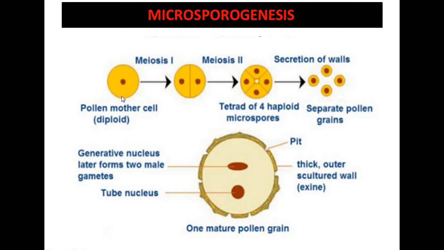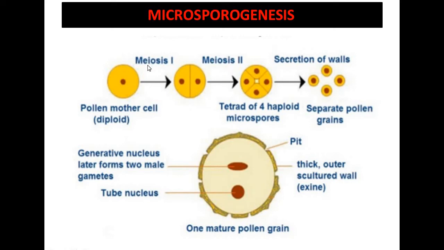We also know that meiosis occurs in 2 stages, meiosis 1 and meiosis 2. By meiosis 1, the pollen mother cell will be divided into 2 cells. So first, 2 daughter cells are produced from one mother cell. Then meiosis 2 will occur and divide the 2 daughter cells into another 4 daughter cells.